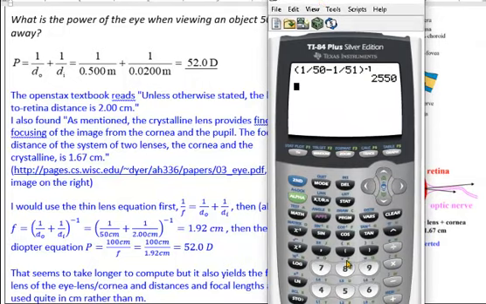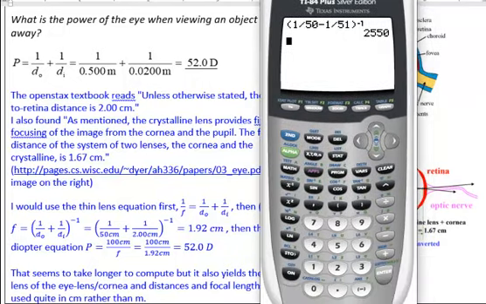So if I apply this one here, let's see, parentheses 1 over 50 centimeters plus 1 over 2.00 centimeters, that's the distance from the lens to the retina, and then take the inverse of that again to get the focal length.